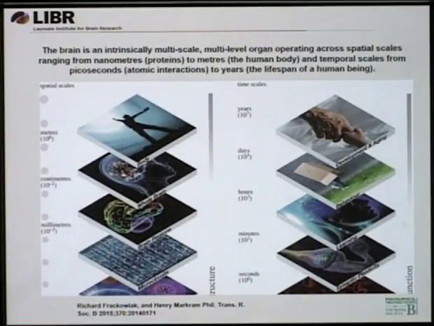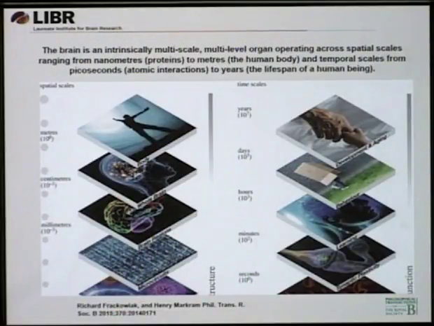Then we can go even further and look at what we call circuits. These are different brain regions, one maybe here, another maybe here, deep inside the brain. They interact with each other and form a circuit. This is an even smaller scale.